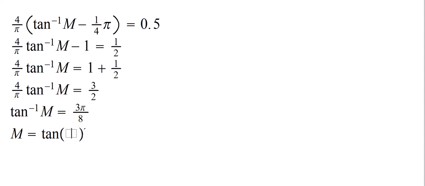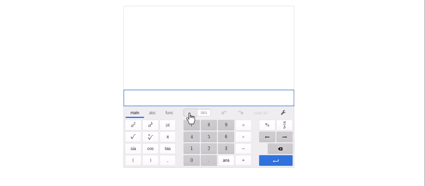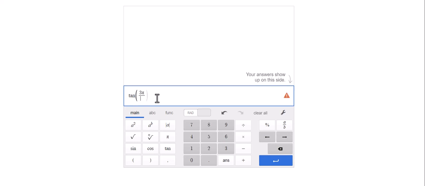So it is tangent of 3 pi over 8, and we'll just go ahead and take an approximate value from our calculator. I'm using this Desmos calculator, changed to radians, and what we want to find is the value of tangent of 3 pi over 8.